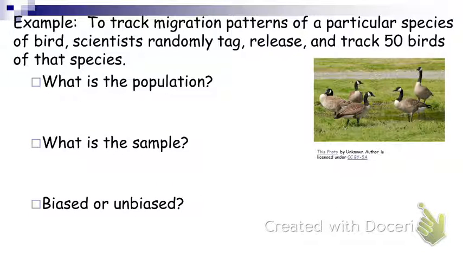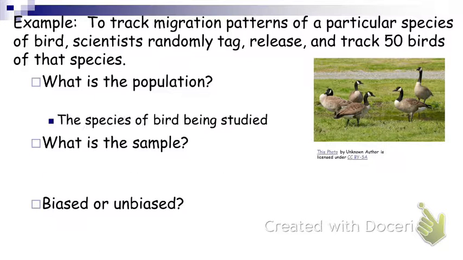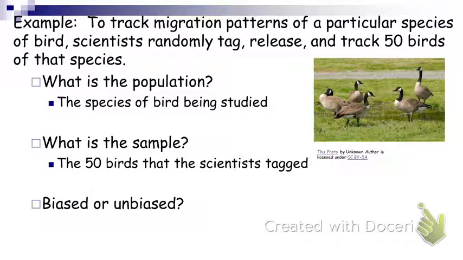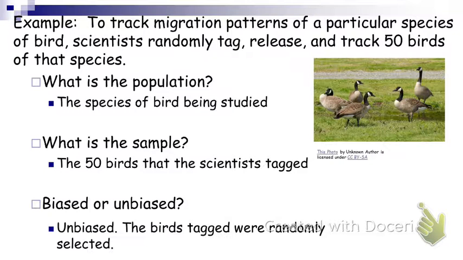All right, for example, to track migration patterns of a particular species of bird, scientists randomly tag, release, and track 50 birds of that species. So the population would be the species of the bird, and those do look like Canadian geese. Not an expert, but that's what they look like. The sample is the 50 birds that we tagged.